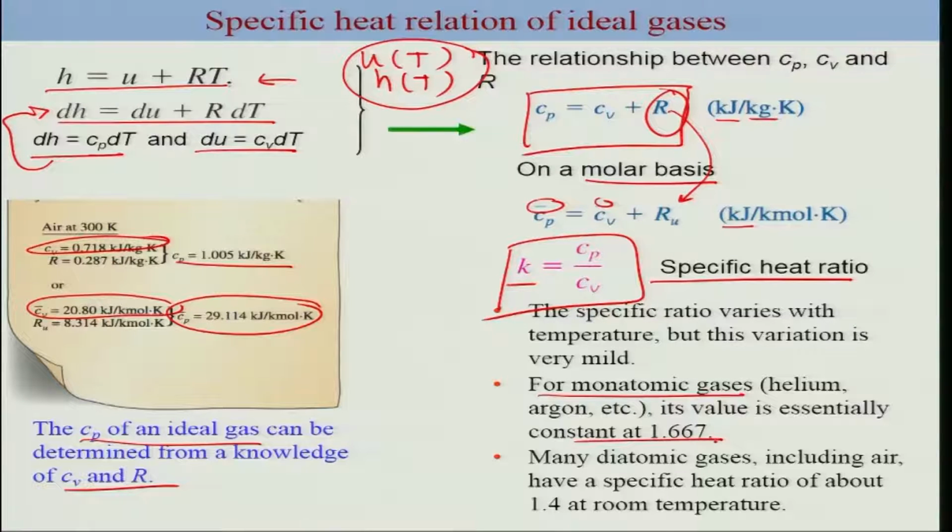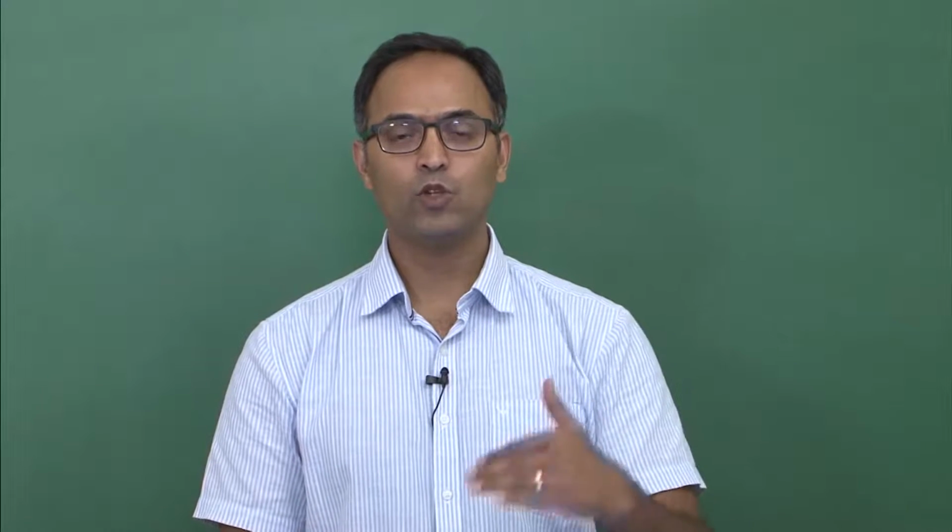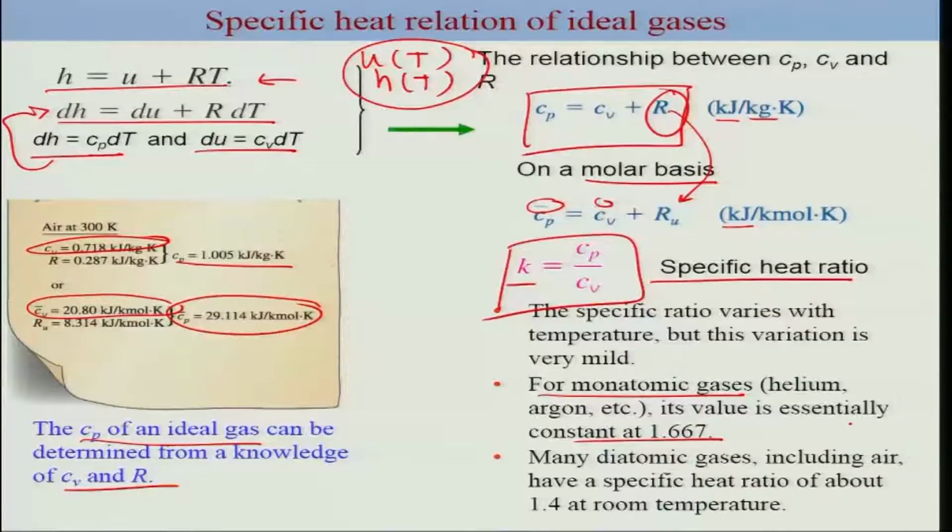You can relate this to the graph which we used in the last lecture, where we showed that for monoatomic gas, the Cp at very low pressure is almost constant with temperature. For other gases the variation is very mild. For diatomic gases such as air, the specific heat ratio is around 1.4.